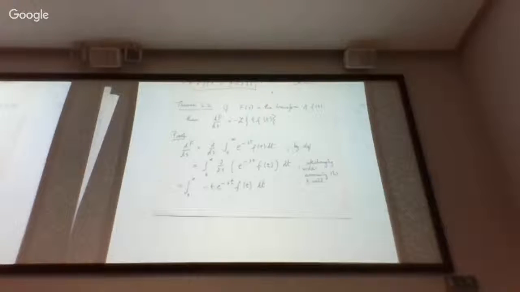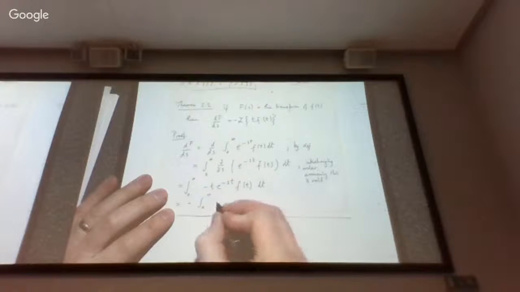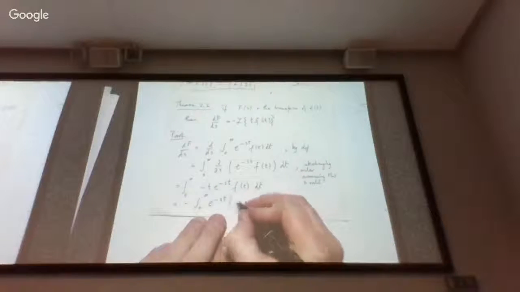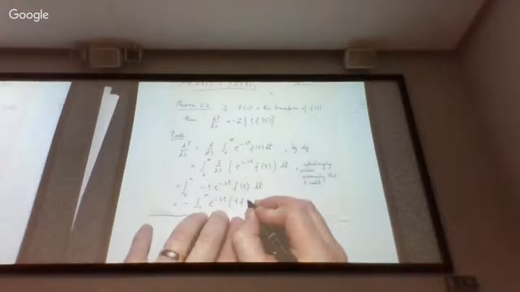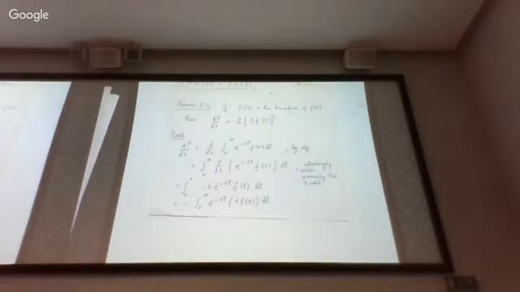And you can see what to do with that. Given the result we're trying to prove, this minus sign can just come out the front. Then we just reorder the product of factors and package up the t times f of t together. So what we're seeing now is the negative of the integral of this exponential times this function. That's exactly a Laplace transform.